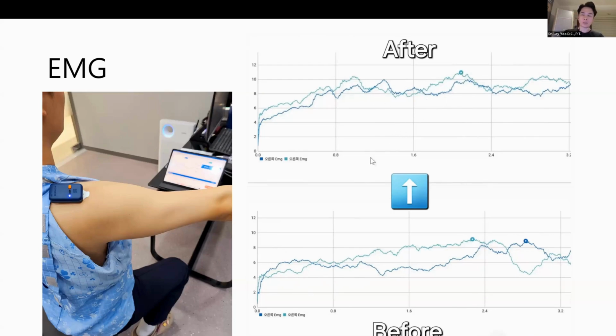So much better EMG activity, with just a 3 to 5 minute exercise. And the patient said the pain scale changed from 6 to 3, and his ROM is much better.